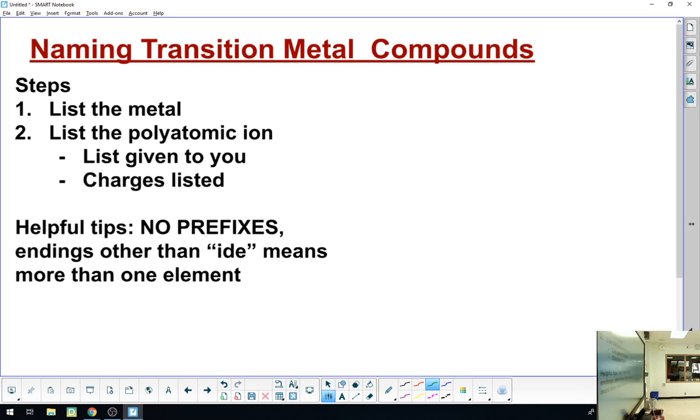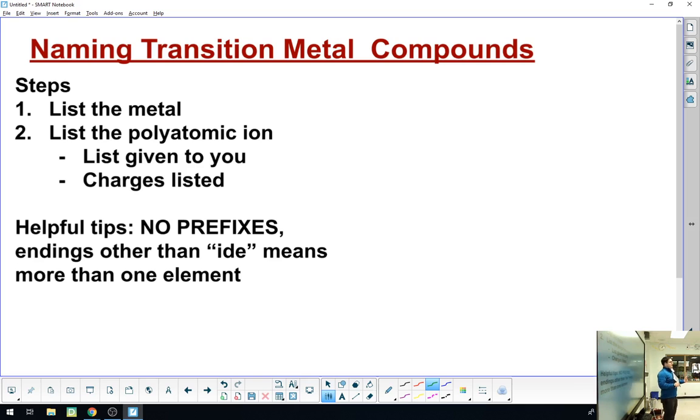When you have a transition metal, somewhere in the middle on our periodic table, kind of to here. If you have any elements in that middle block, for reasons we don't quite understand yet, these metals can particularly have different charges.